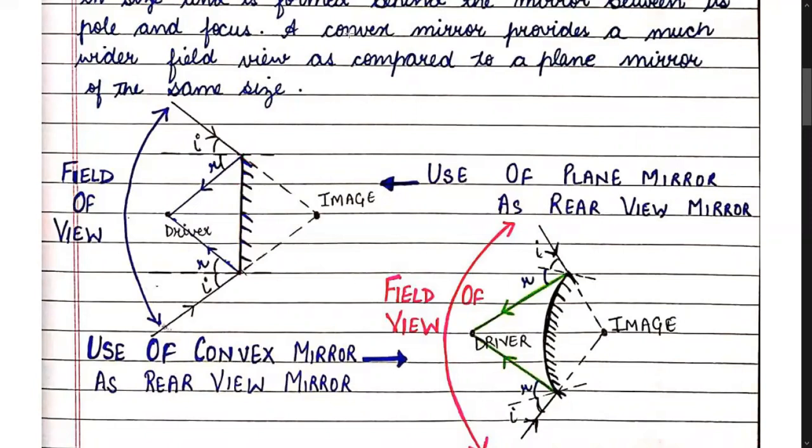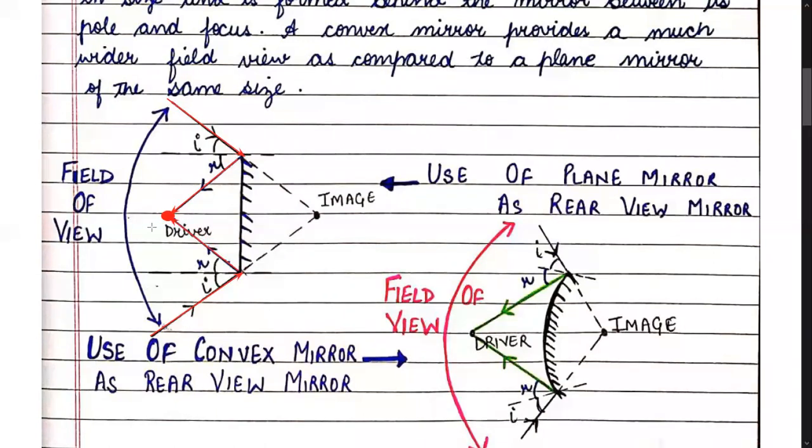And children, suppose a driver is sitting in front of a plane mirror, and the light which is incident on the plane mirror, first light ray which is incident, will get reflected and the light will be seen by the driver. Similarly, there is second incident light on the other end of the plane mirror, and this incident light after striking will be reflected towards the driver.